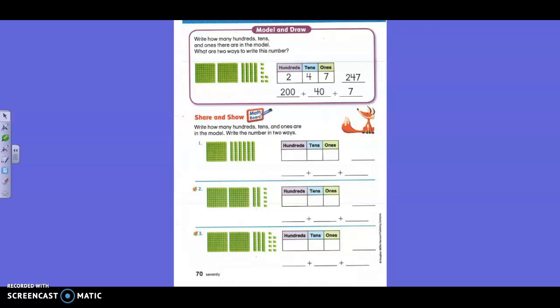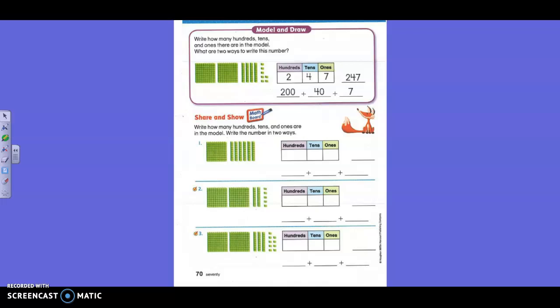Okay, boys and girls. Write how many hundreds, tens, and ones there are in the model. What are 2 ways to write this number? Today we are going to write the number, but then we are also going to break it apart into expanded form.